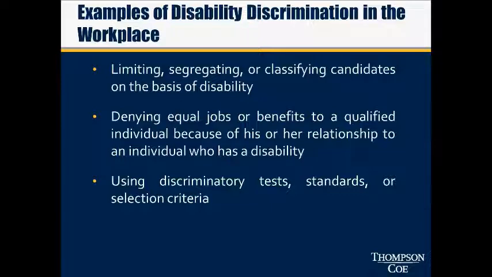For example, using discriminatory test standards or selection criteria, which can include the test itself or the way it's administered, in a way that could filter out certain individuals with a disability.